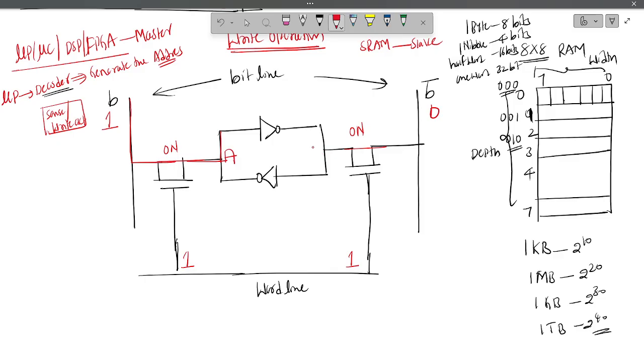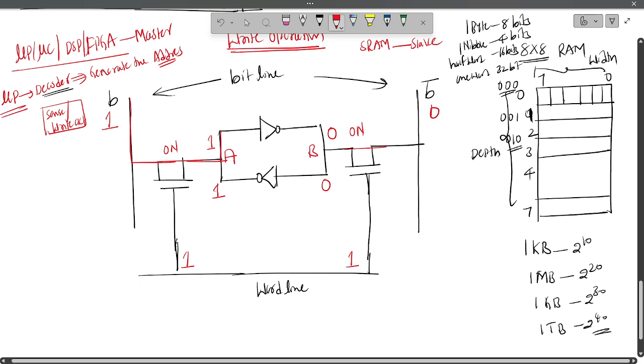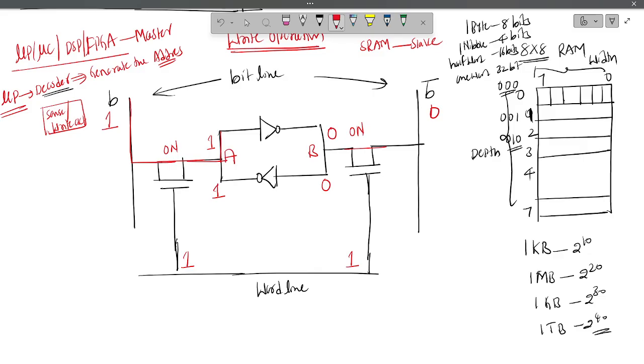This is point A and point B. At point A, 1 will occur, and at point B, 0 will occur, so 1 will be stored like this. Understood? The processor can write the data into the SRAM cell.